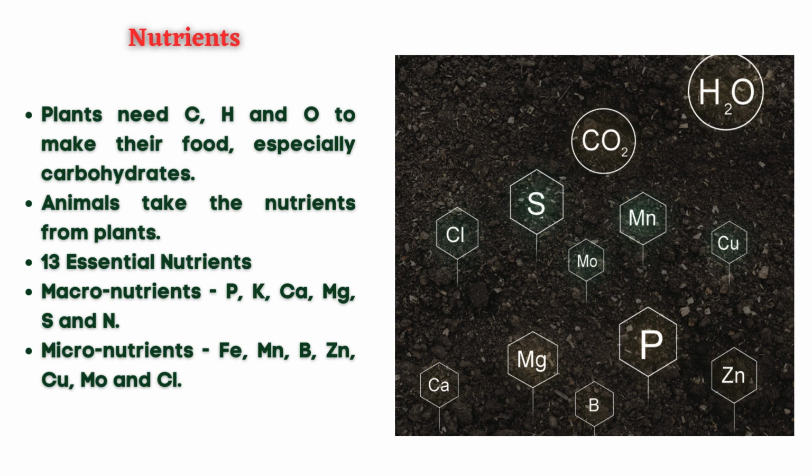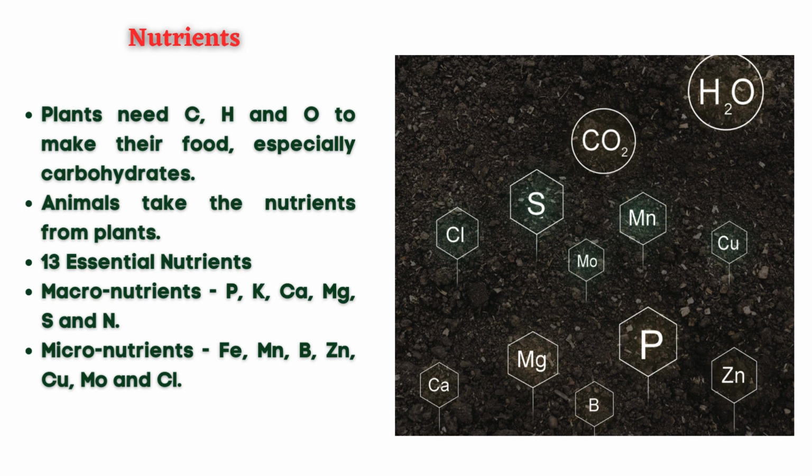And what are those essential nutrients? We have 13 essential nutrients. Before that, carbon, hydrogen and oxygen are required to make their food, so that they are capable of preparing carbohydrates or starch, and by consuming the plants we can get those nutrients also, directly or indirectly.